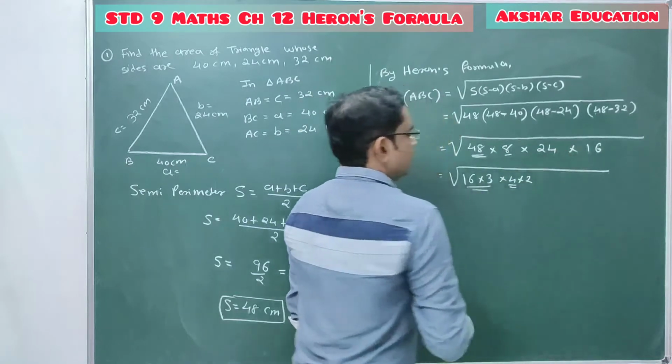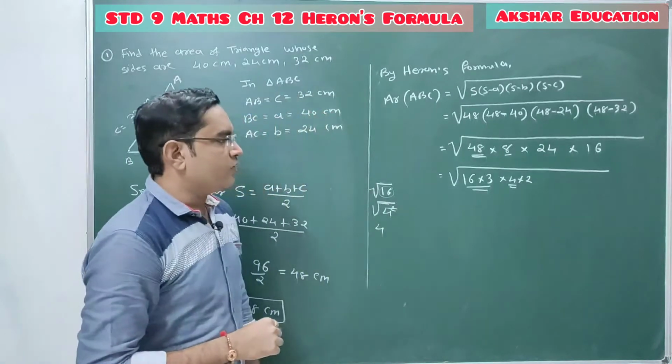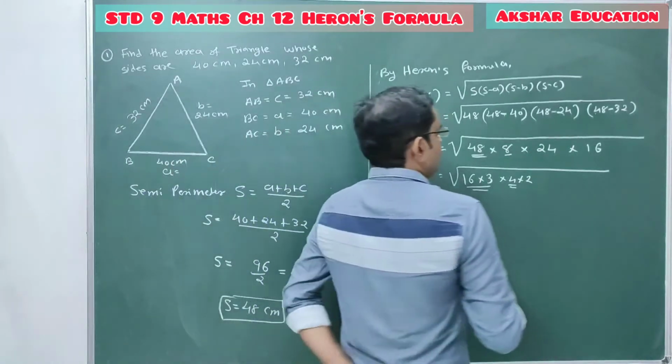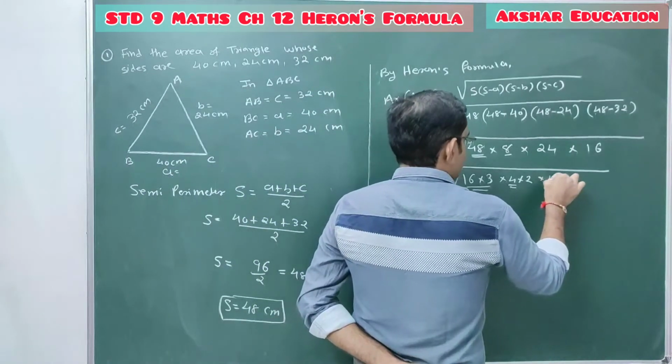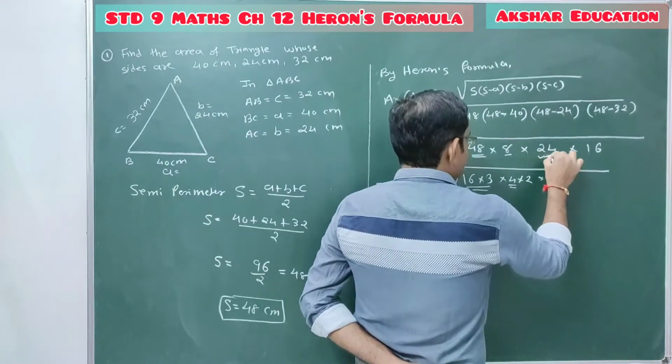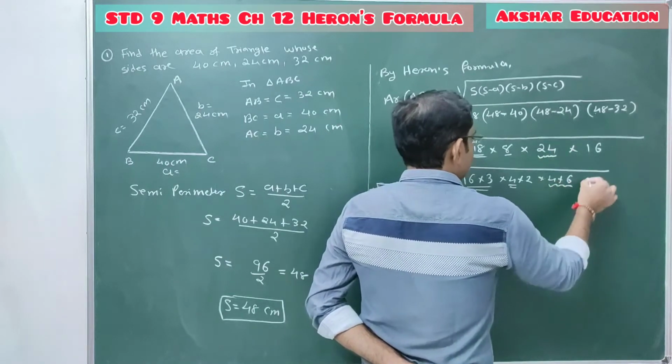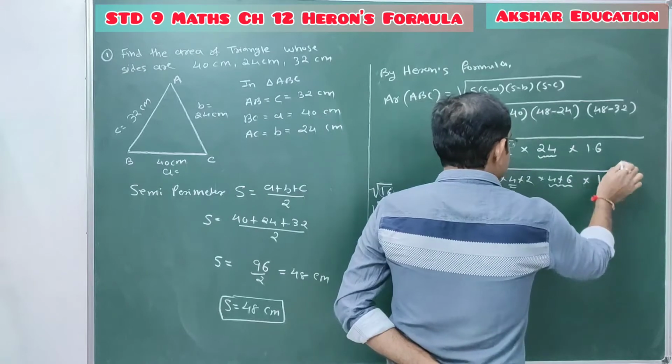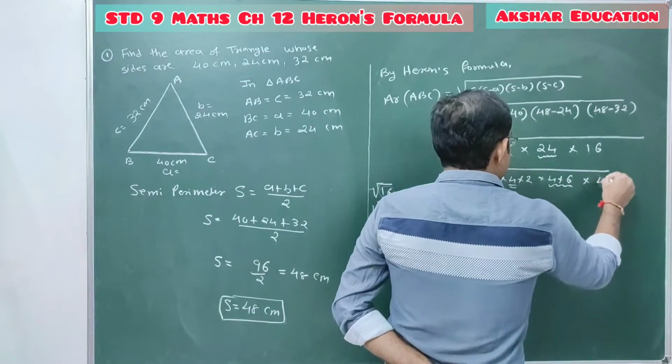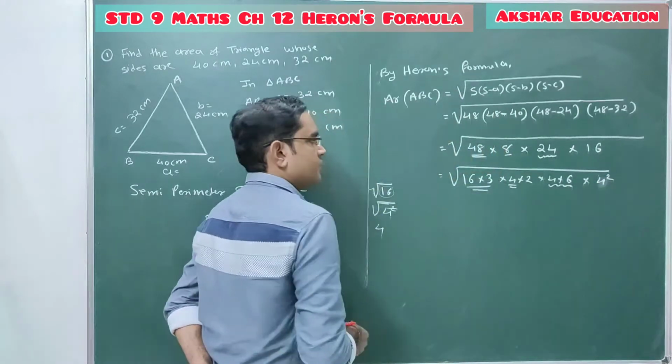Here again this 24 can be written as 6 times 4, 4 times 6 is 24, and this 16 is 4 square. Done.